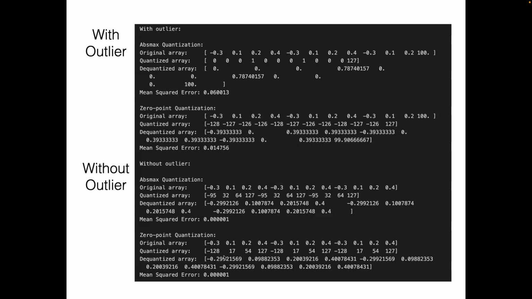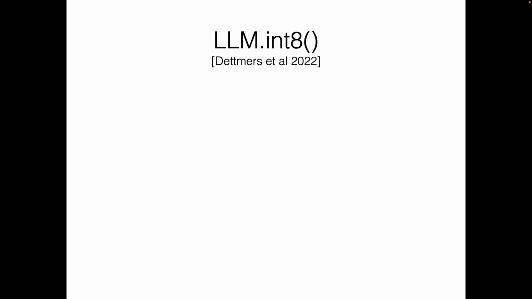Okay, you're probably wondering, why am I going into so much detail on this? Why is this interesting? Well, you might find it interesting in its own right, but it turns out that this outlier phenomenon actually appears in large language models and leads to huge degradation in the performance of quantization.